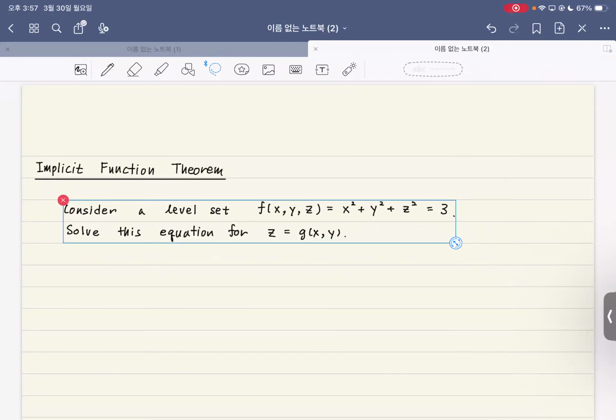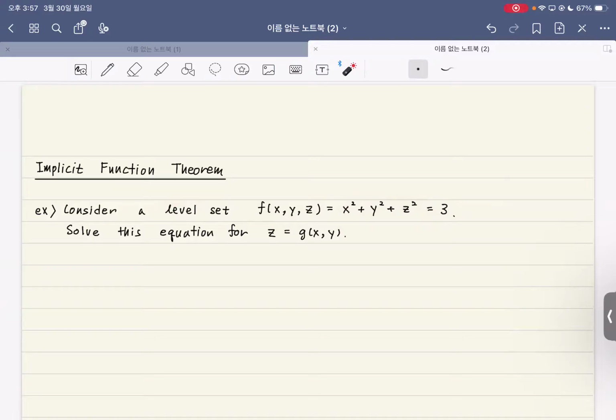So we start from this example. We consider a level set. So, x squared plus y squared plus z squared. This is our function, a three-variable real valued function. And since we are looking for the set of all points such that the function value equals 3, this is clearly a very typical level set.